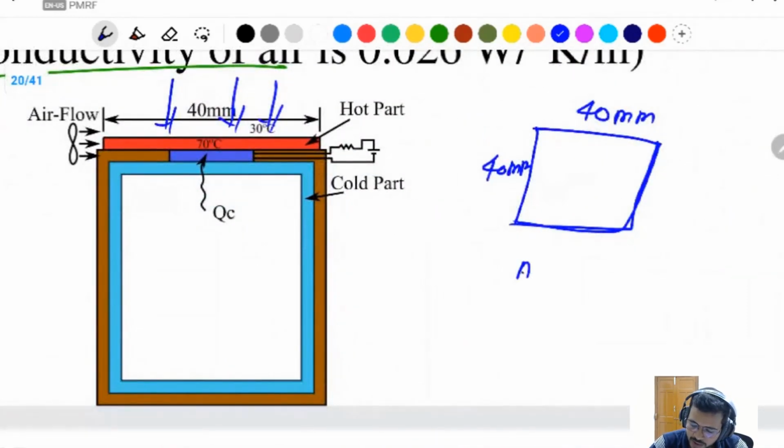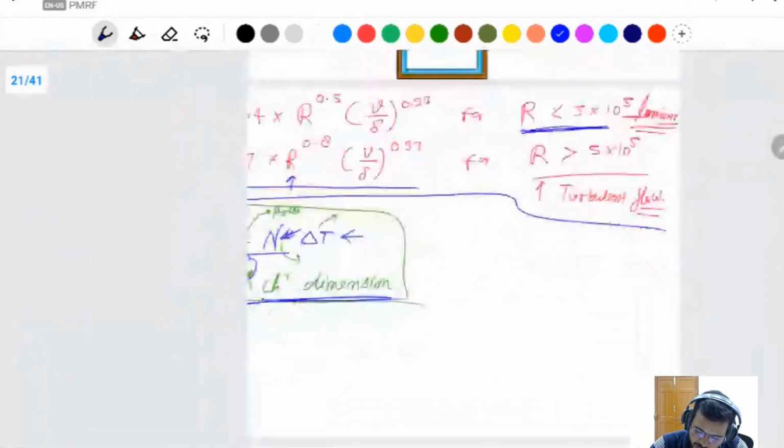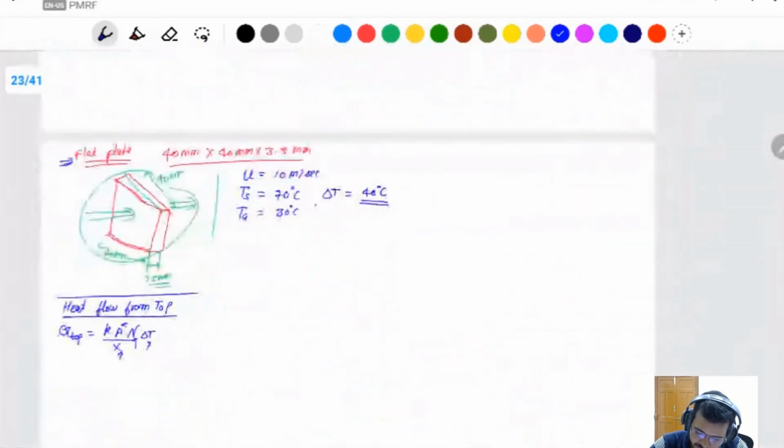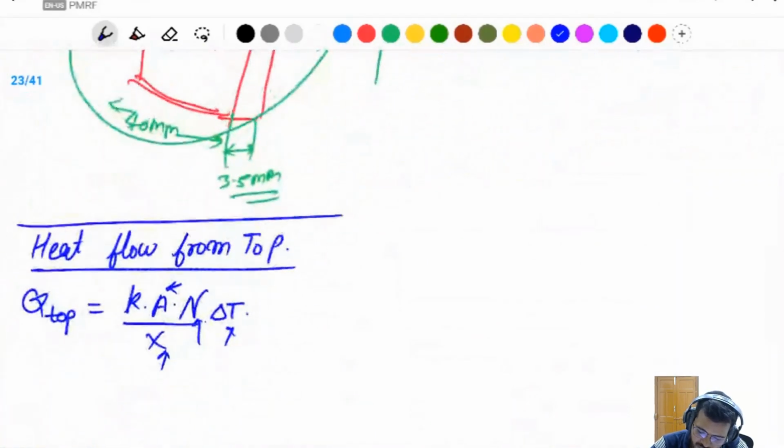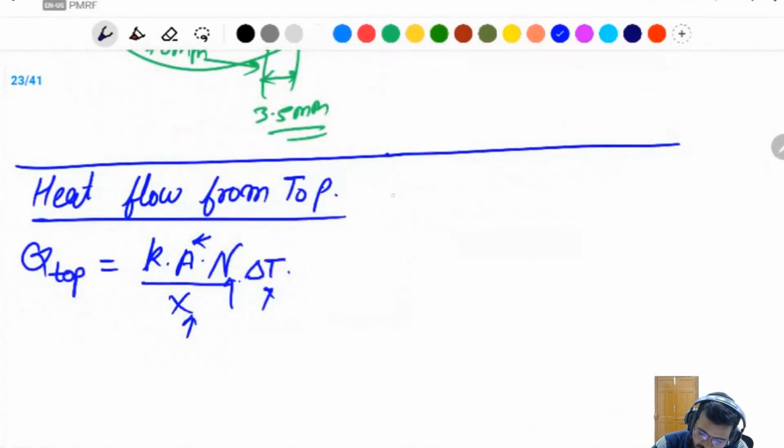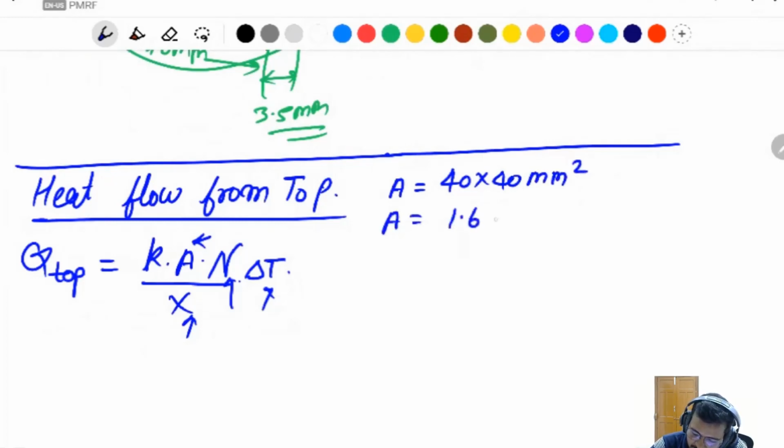And what is the area of this one? Same thing, 40 mm square, 40 into 40 mm, written here. The area is 40 into 40 mm square. You calculate in meters. This will be 1.6 into 10 to the power minus 3 meter square, since 1 meter is equal to 10 to the power 3 mm.